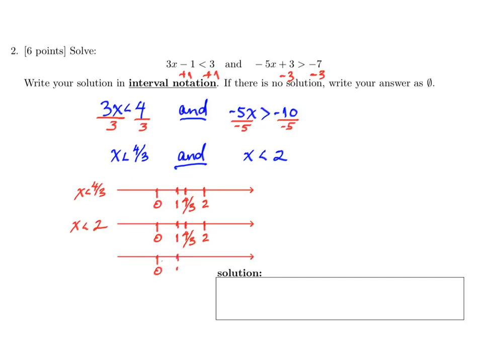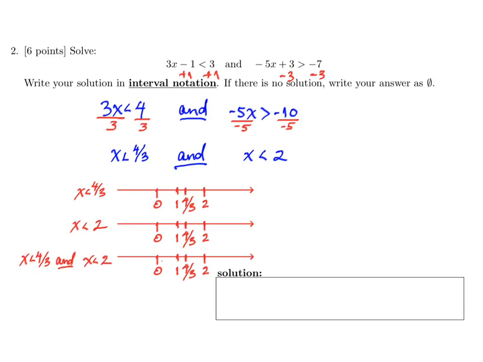And then the last one, we're going to graph all the numbers that happen to be in both of the previous sets, the numbers that are both less than 4/3 and less than 2. And 4/3 is just a little bit bigger than 1. So that's why 4/3 on my number lines is between 1 and 2. And I've lined them up so I can visualize what's going on.